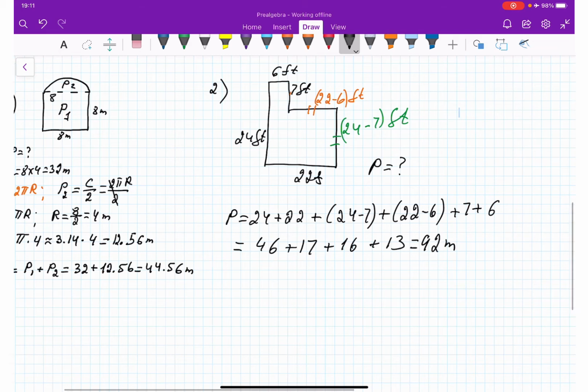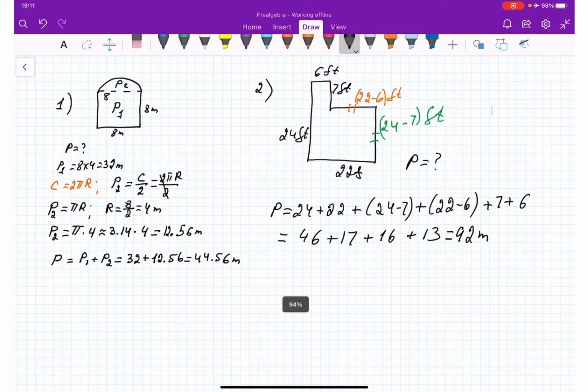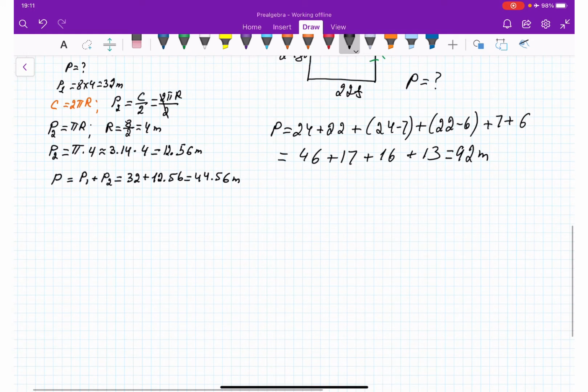Okay, question number 3. Find the circumference of the circle. Give the exact circumference and then an approximation. Use pi as 3.14. Okay, let's draw the circle.